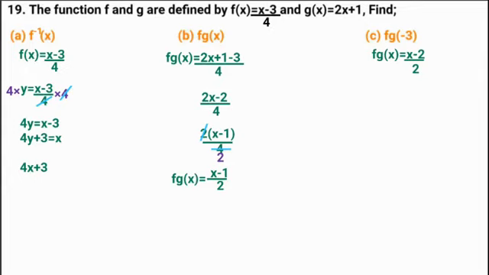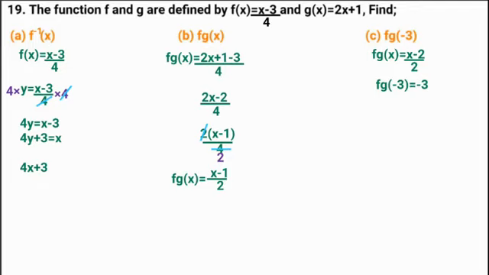Okay, fgx is equal to x minus 1 over 2. Where there is x, I'll put -3. So fg -3 is equal to, there is x, so we're going to put -3 there.